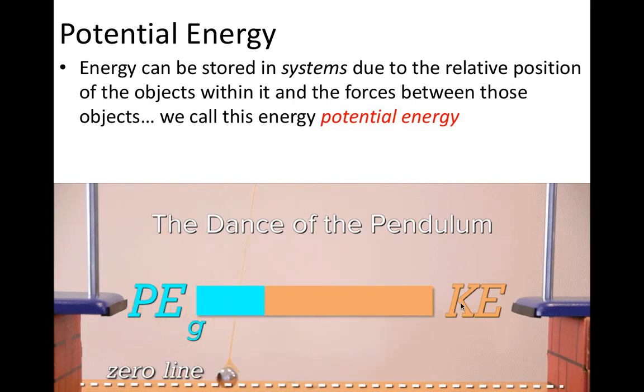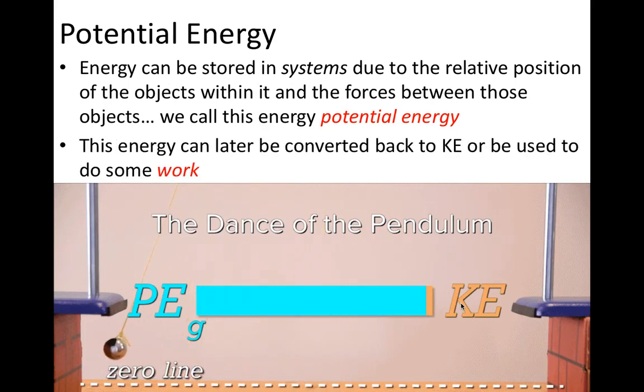When the pendulum is at a raised position, the force of gravity stores up potential energy. And we can get that potential energy back. You can see as the pendulum swings down, that potential energy transforms into kinetic energy. And we can also sometimes use potential energy to do work. Think of a battery. Batteries store potential energy. You can get that energy out as useful work later on.